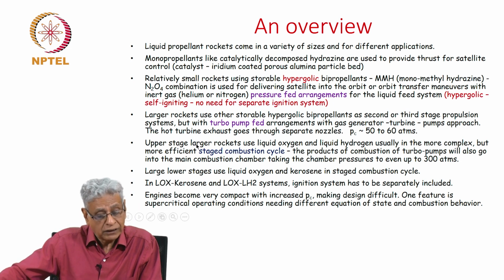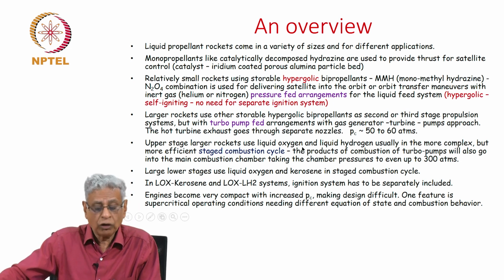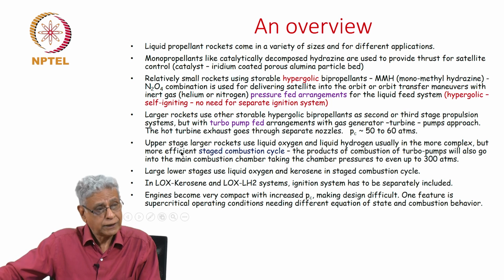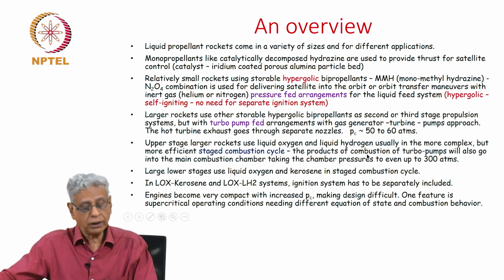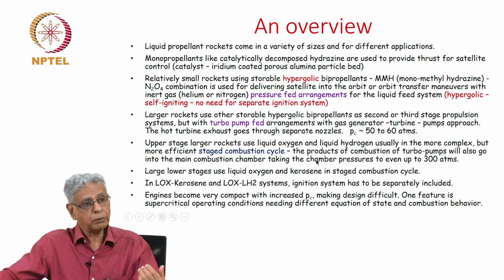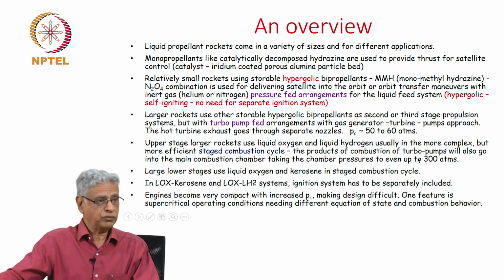The upper stage larger rockets which use liquid oxygen and liquid hydrogen are usually more complex, but there is a more efficient staged combustion cycle. The products of combustion of the turbopumps will also go into the main combustion chamber, taking the chamber pressures to as high as 300 atmospheres.